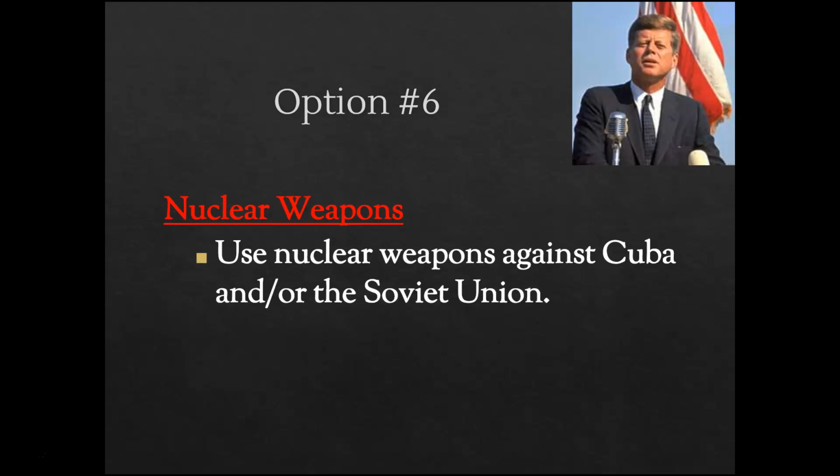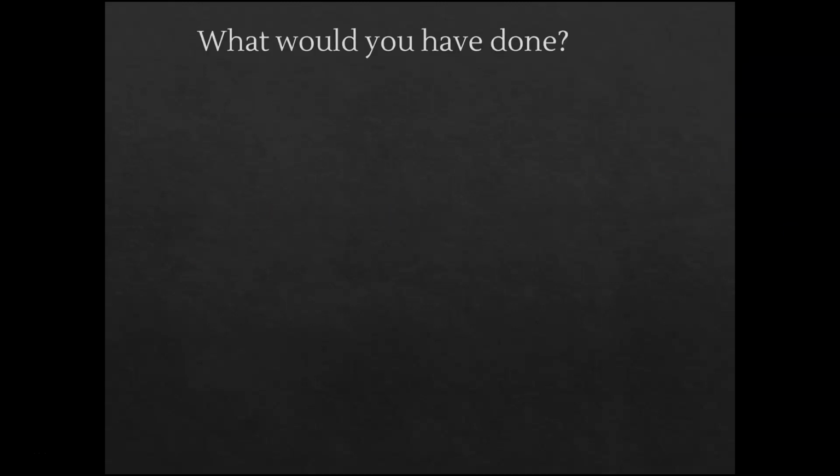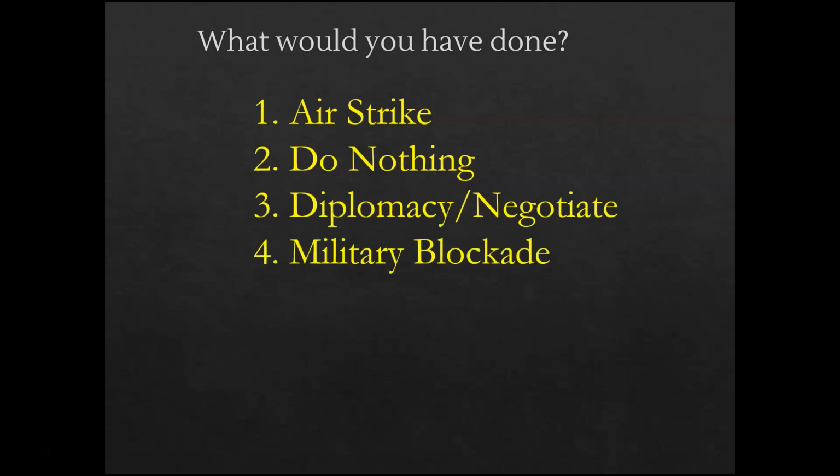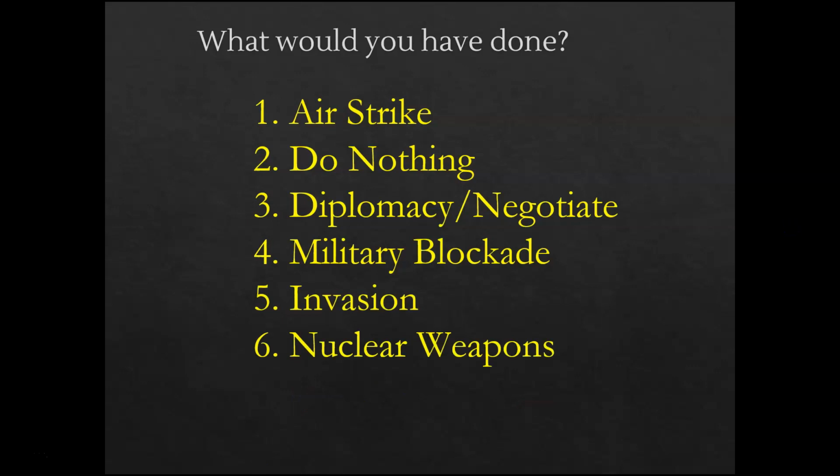Hey, worked for Hiroshima and Nagasaki. You know, we're only a few years removed from that, so I don't know. I don't know. What would you have done? That's the question. Again, airstrike, do nothing, use diplomacy, try to negotiate, military blockade, invade, or use nuclear weapons.